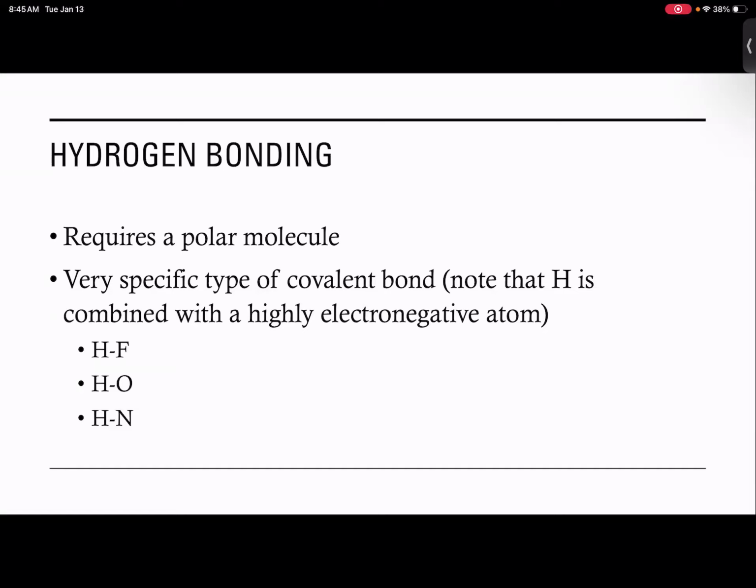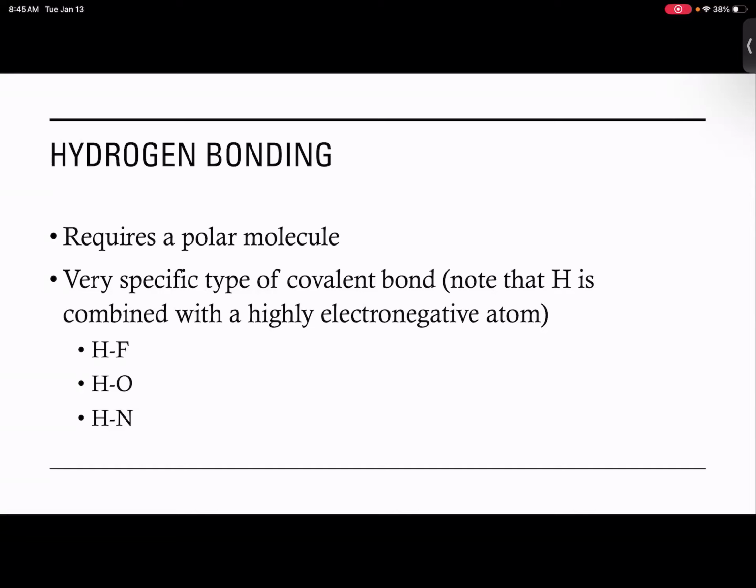Now, hydrogen bonding is yet a stronger force, but it requires a very specific type of covalent bond to be present within the molecule. Not only must the molecule be polar, but it must have an HF covalent bond in it, or an OH bond in it, or an NH bond in it.